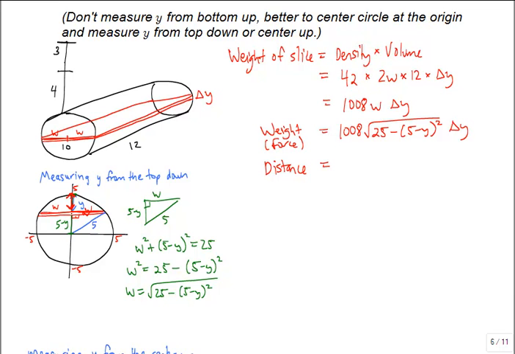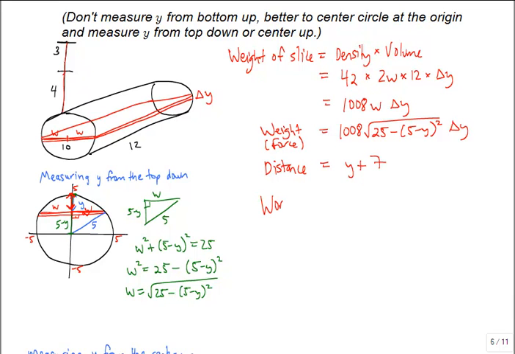So my slice needs to move up y to get to the top of the circle, and then don't forget, we still need to travel 4 more feet to get to ground level, and then an additional 3 feet to get to the height of the pump. So my total distance is this initial y to get me to the top of my tank, plus an additional 7 feet to get me to the gas pump. So there's my distance function.